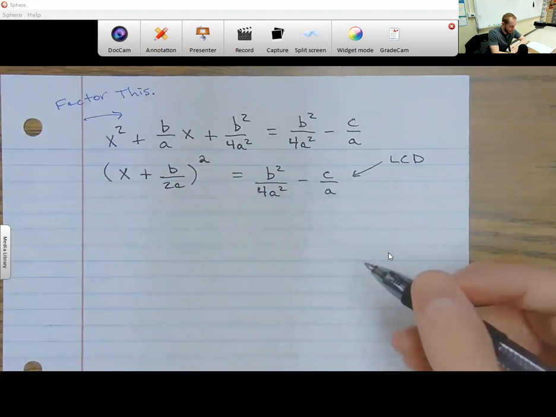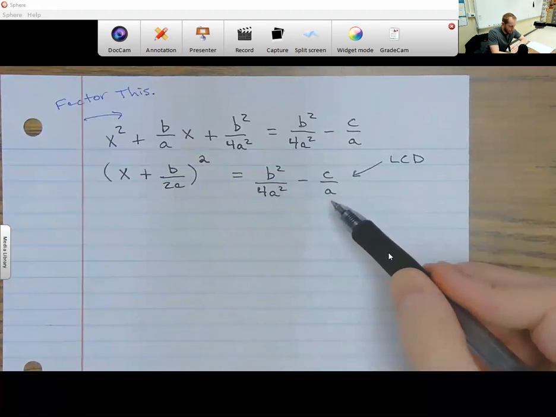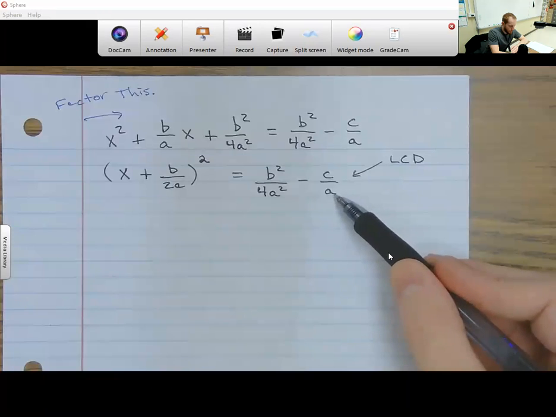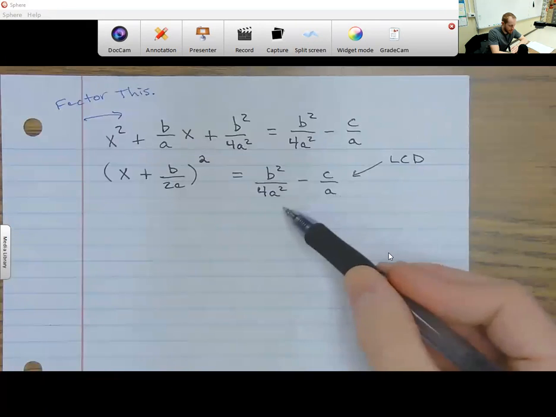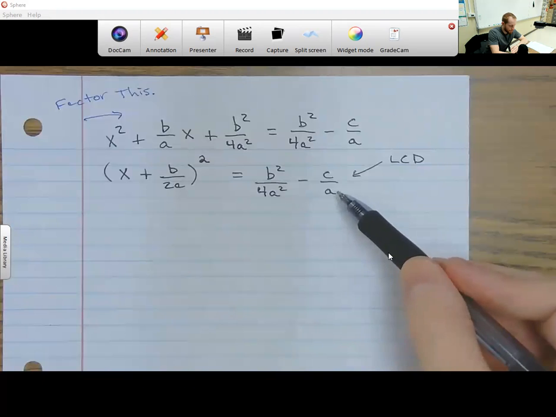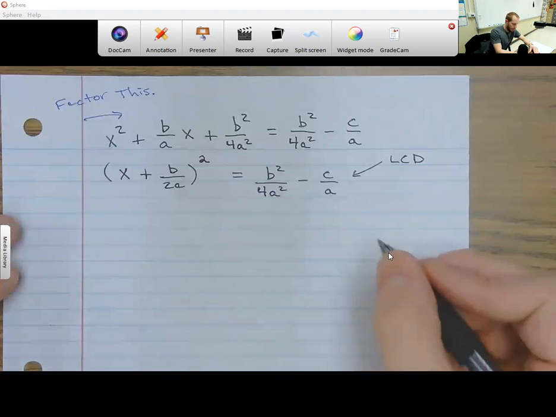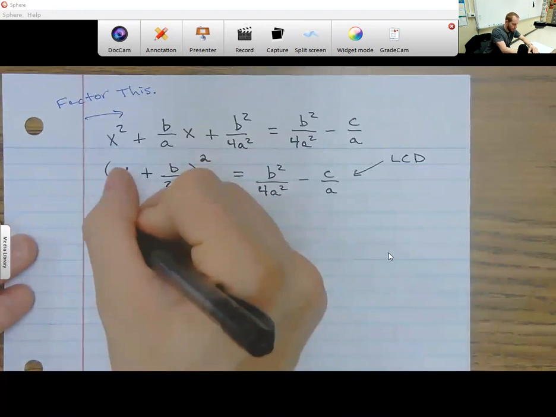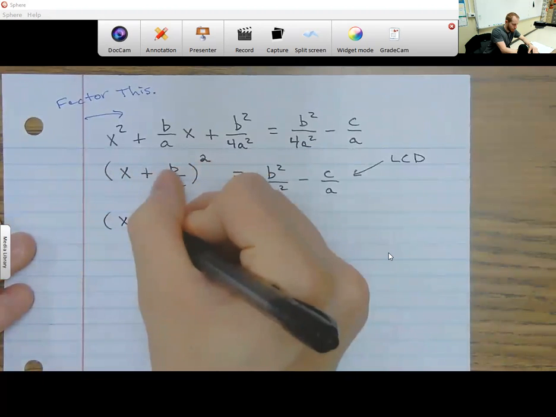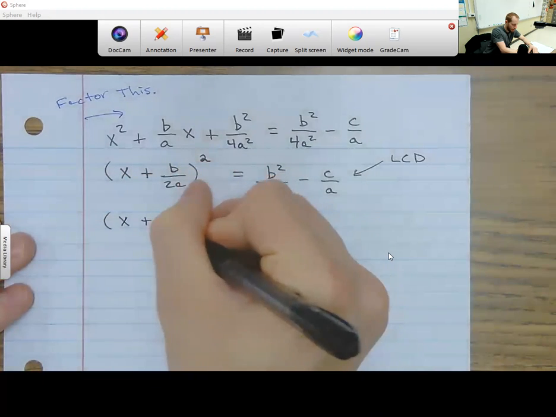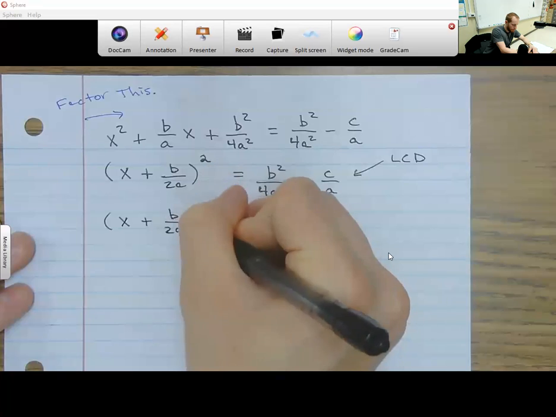So how am I going to do that? Well, I can multiply this by 4, but I also need another a. So here's what's going to happen. The left side is going to stay the same for now.